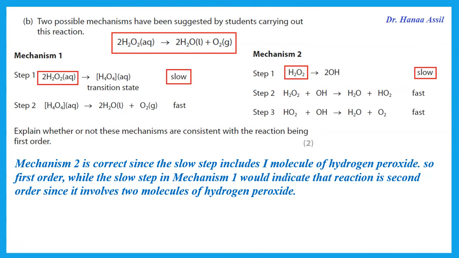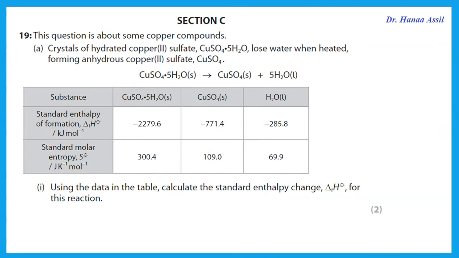So mechanism 2 is correct. The slow step involves only 1 molecule or 1 mole of hydrogen peroxide, so that is first order, while the slow step in mechanism 1 indicates that the reaction is second order, since it involves 2 molecules of hydrogen peroxide.